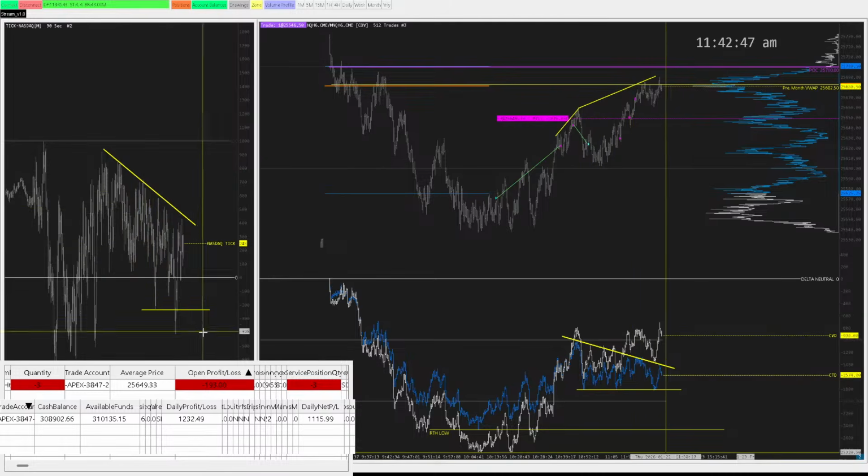There's actually been a lot of buying, but it's definitely sold some. And the order flow, so basically we have the order flow and the tick diverging from price. So let's see who wins here.